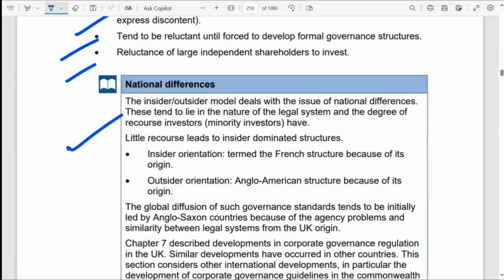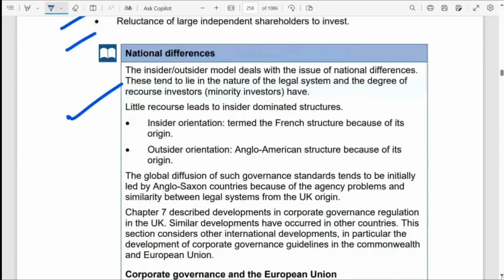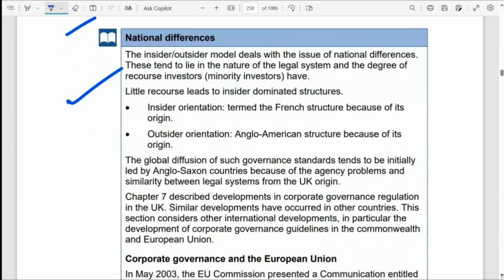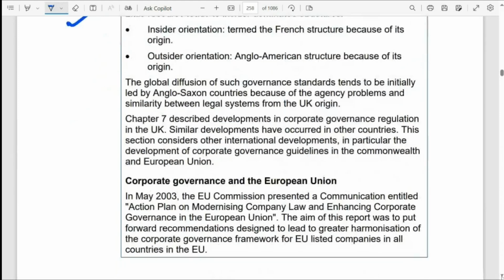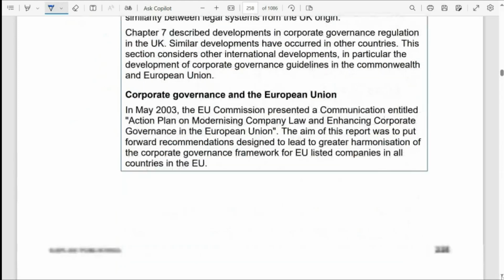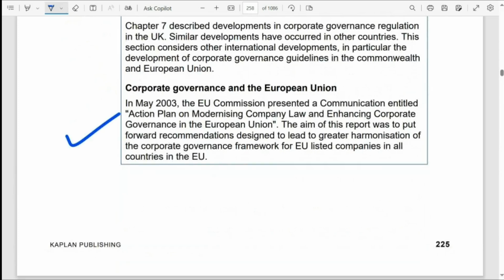National differences: students, just go through this for your reading. Now corporate governance and the European Union, their differences and definitions; go through these areas.